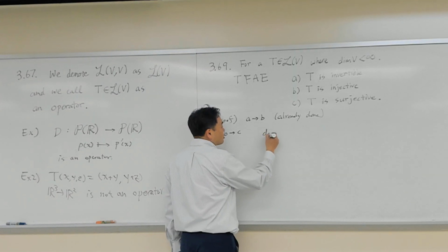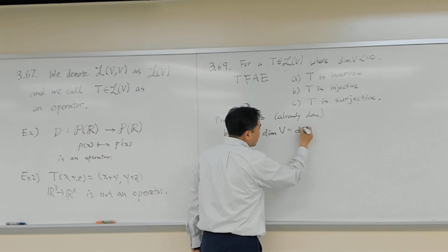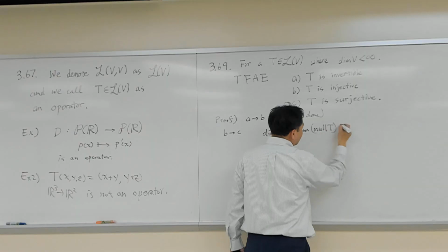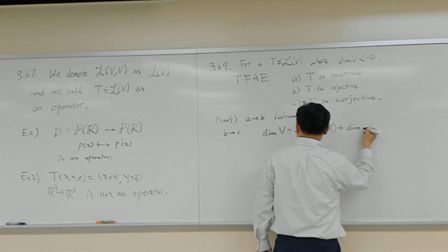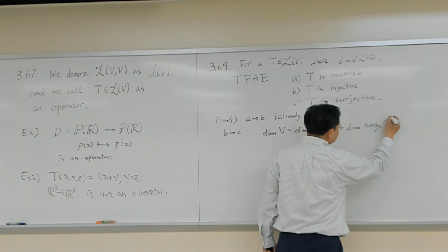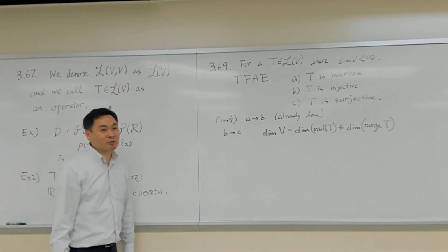Well, the dimension of V equals the dimension of the null space of T plus the dimension of the range of T. Again, the fundamental theorem of linear maps, right?